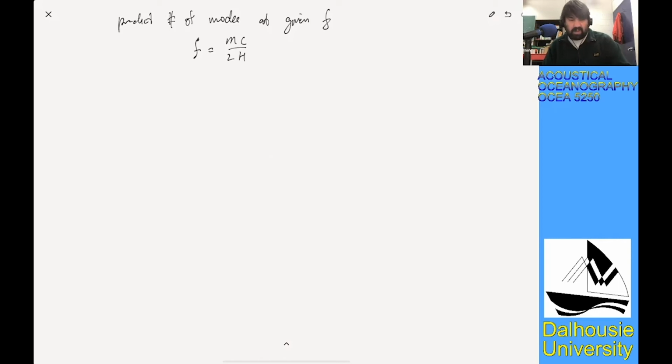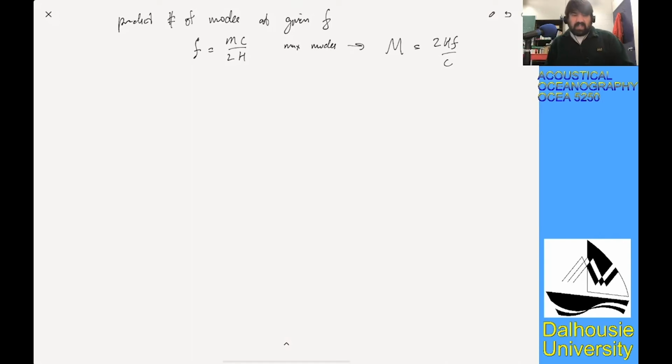My notes are wrong. Wow, I should really change that so that never happens again. Now we want to solve that for m and say, so max modes m is going to be equal to 2hf over c, right? So that's going to be an important little tool there.